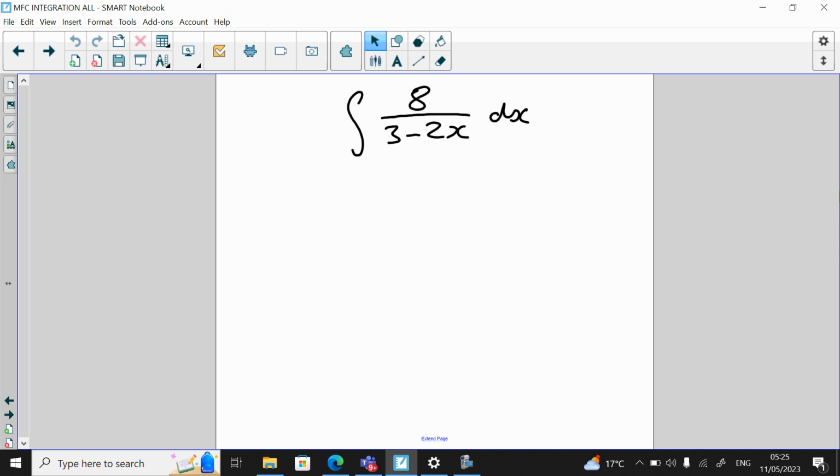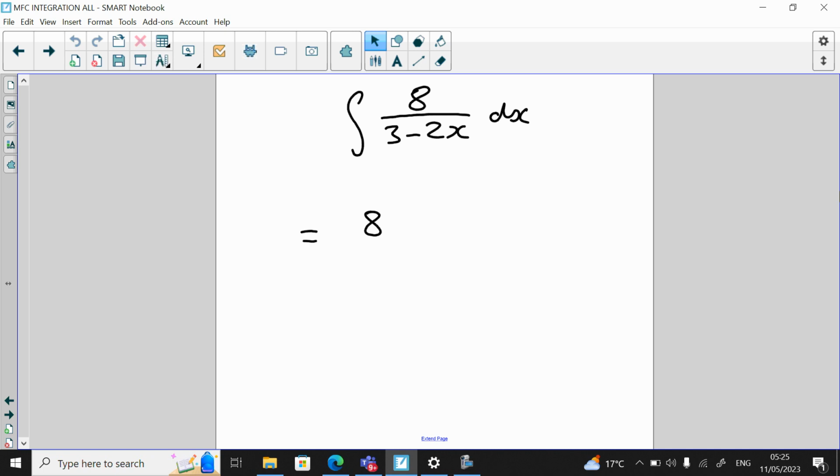Right. Here, oh, looks as if we're doing a third one. The reason we're doing this one is because the x value on the bottom here, the number in front of x is negative. Watch out for that.